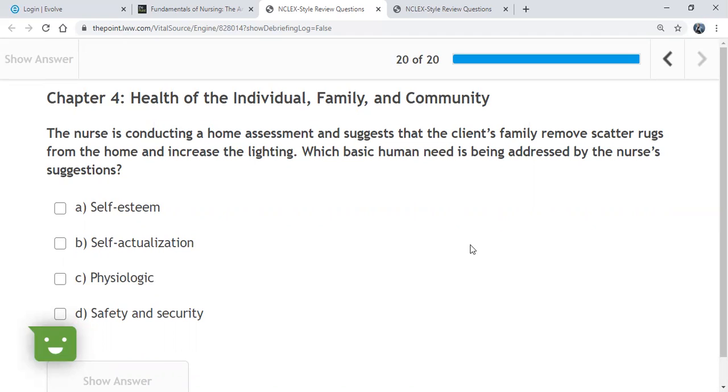The nurse is conducting a home health assessment and suggests that the client's family remove scatter rugs from the home and increase lighting. Which basic human need is being addressed by the nurse's suggestions? D. D as in dog?